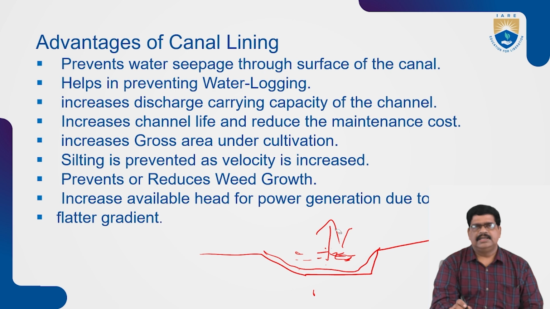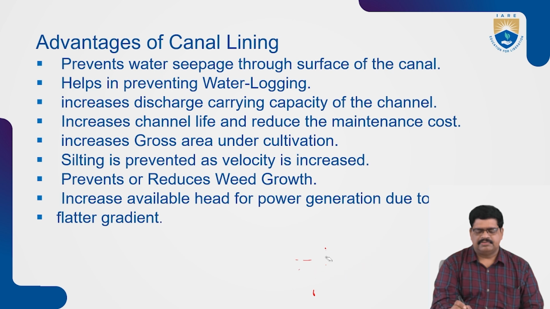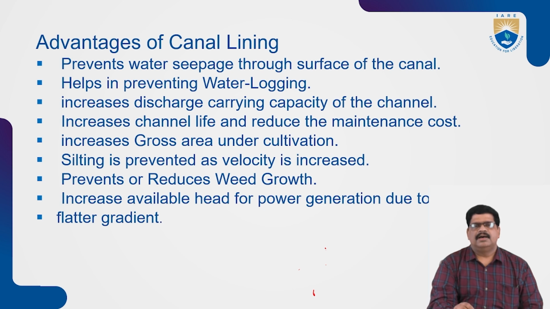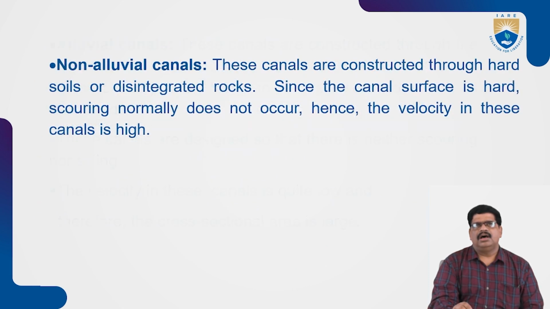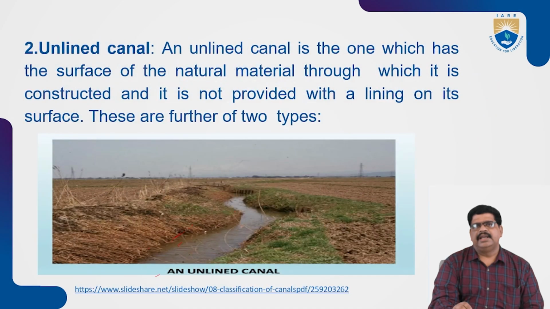Next point, increasing the life of the channel and reducing the maintenance cost. How does the maintenance cost reduce? As we discussed in the previous slides, stone pitching is provided, but is it protected or unprotected, lined canal or unlined canal?